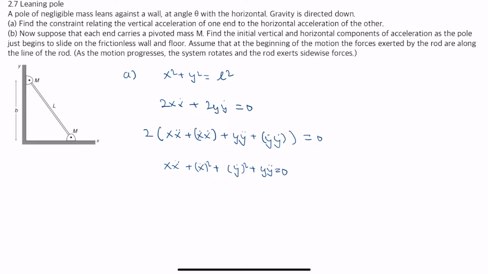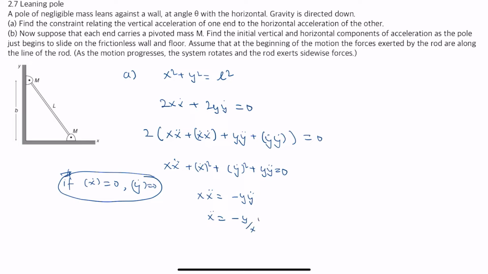Now if x dot equals 0 and y dot also equals 0, it means that the rod is at rest. So the acceleration will be x double dot equals minus y upon x times y double dot.